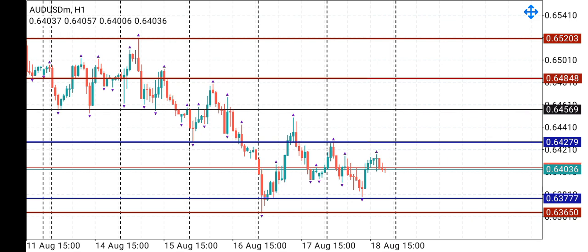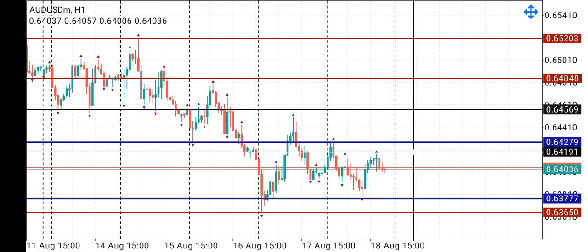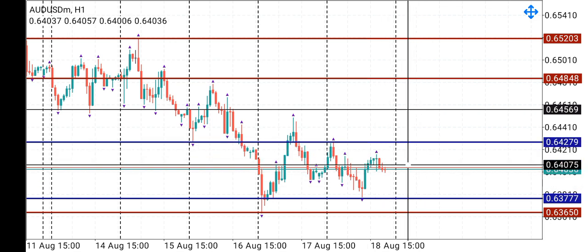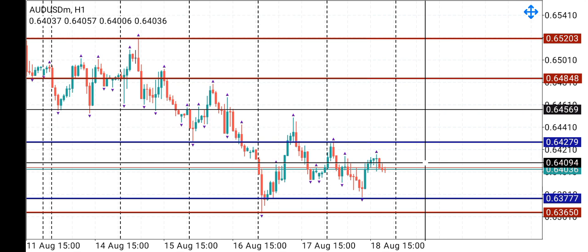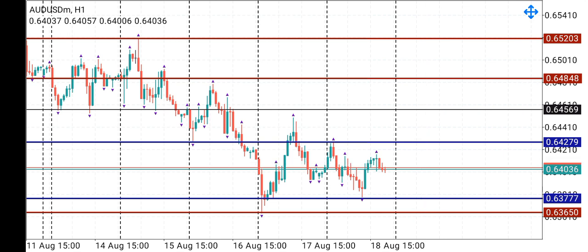Okay, now I know what is happening here. I've seen what is happening here. Price was ranging within this channel. So what will I be waiting for on this AUD USD?